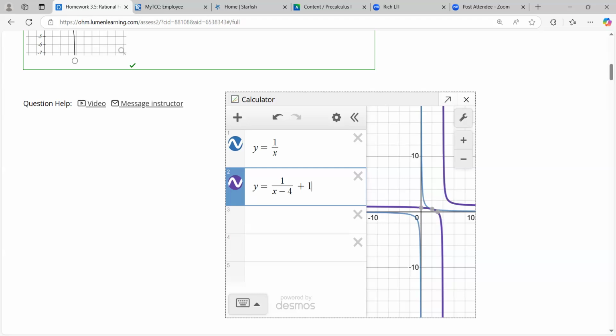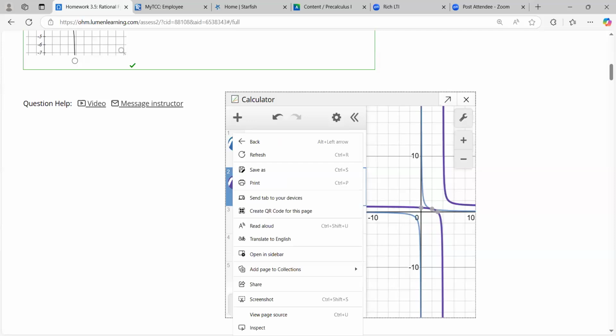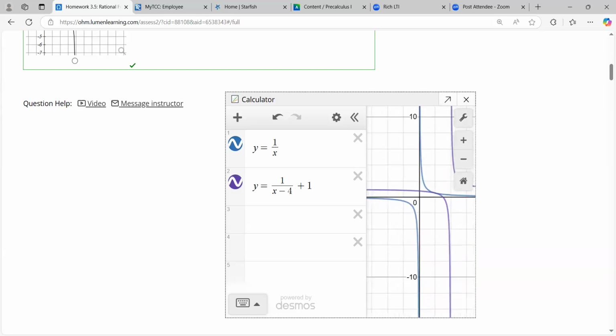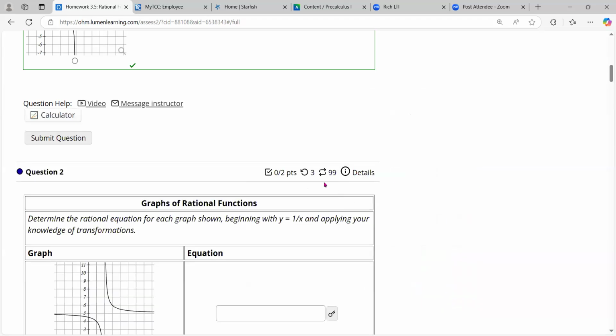It shifts to the right. Let me change to a different color. Yeah, it shifted to the right 4 units and goes up 1 unit. Okay, I'll let you do this one on your own.